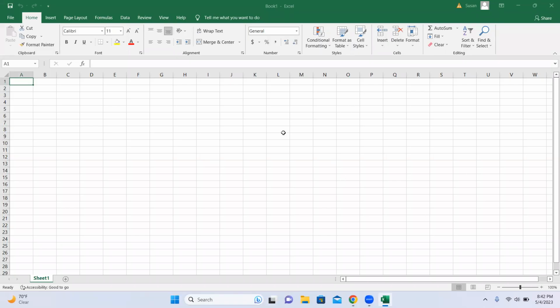Hi everyone. Today I'm going to show you how to build a basic financial statement using Excel. Some of the very conventional financial reports that you see in a typical financial statement package would be your income statement, your balance sheet, your statement of cash flow, and also your statement of shareholders' equity.